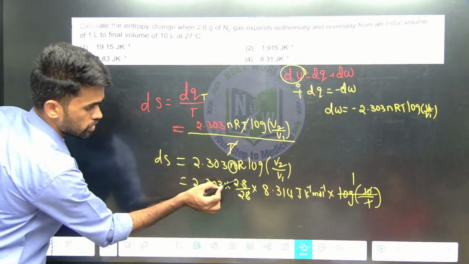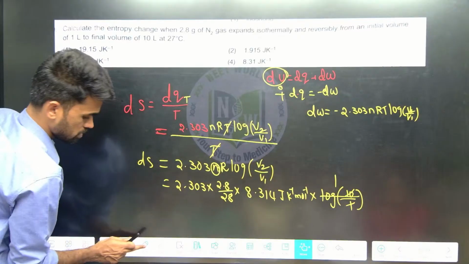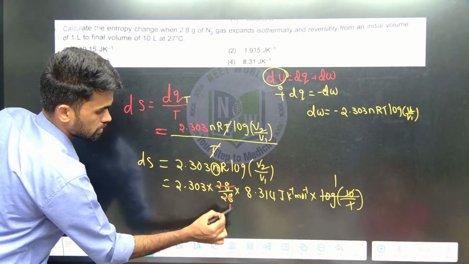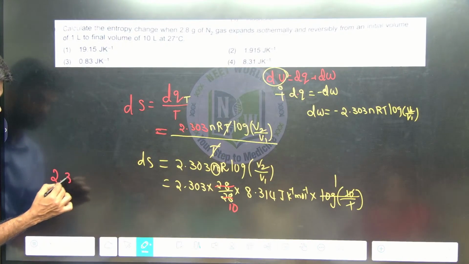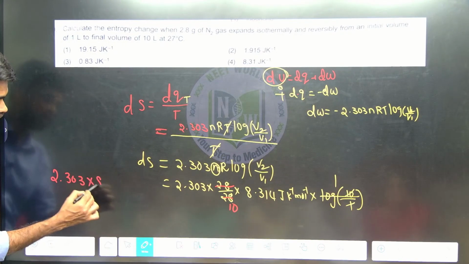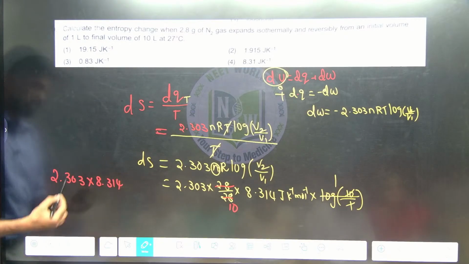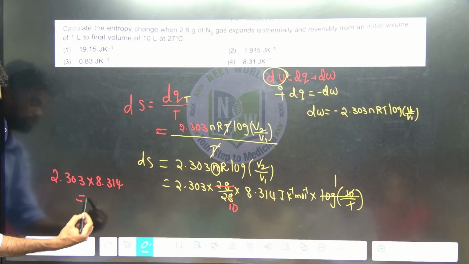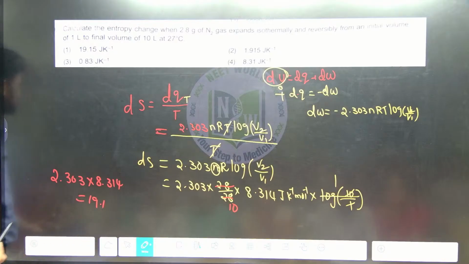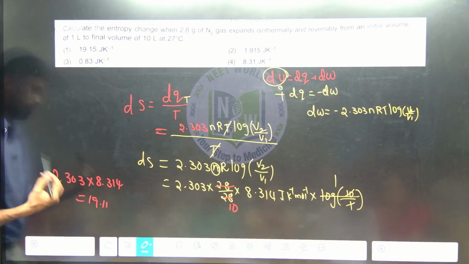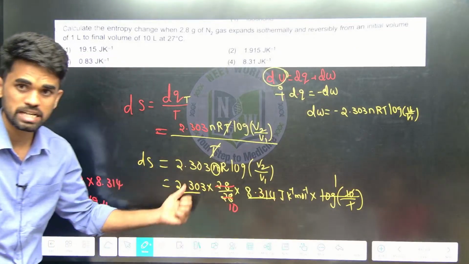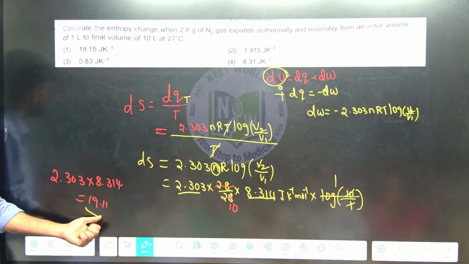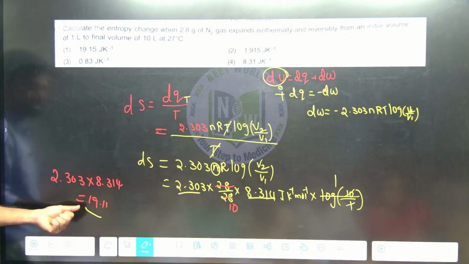So upon simplifying, see, this is 2.8 by 28, which means 0.1. Okay. Now remember here what are the data: I have 2.303 into R, 8.314. Upon simplifying this, you are going to get 19.11. How much? 19.11. It is a constant value, you just multiply and you will get this number. Why am I writing them separately?